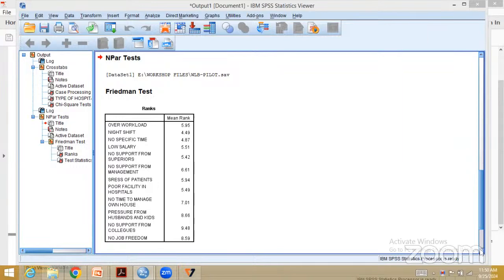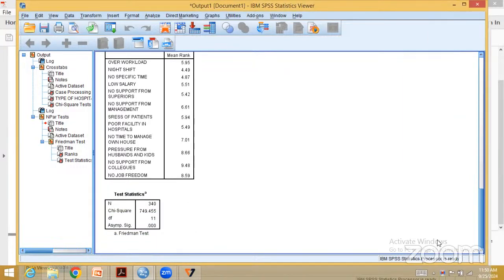Why? Because the chi-square value here is 749.455, and the p-value is less than 0.05. Therefore, chi-square is significant. The null hypothesis is rejected. That means there are specific differences in the mean rank of all the variables, so that we can select the lowest mean. Because a particular variable having rank number 1 should definitely have the lowest mean.